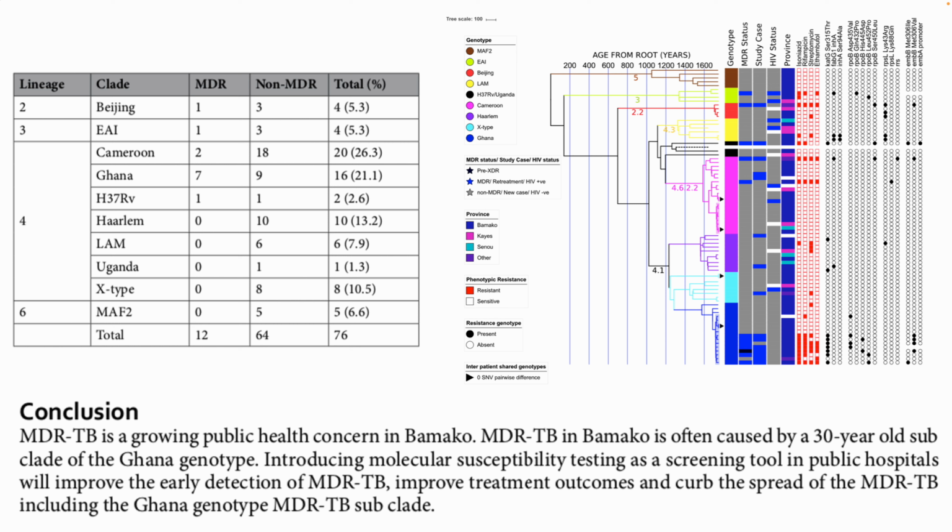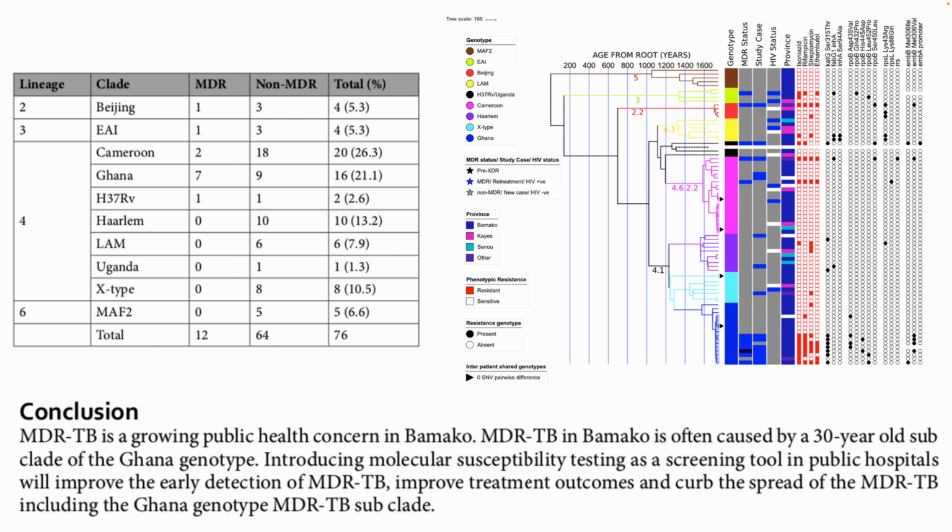But when you look down at the detail here, you can see, for example, in 4.1, right down at the bottom there, in that blue clade, they're all the same genotype. They're all this Ghana genotype. Many of them have MDR status, and it looks therefore as if we're seeing in that particular case transmission of multi-drug resistance from one patient to another in the community.